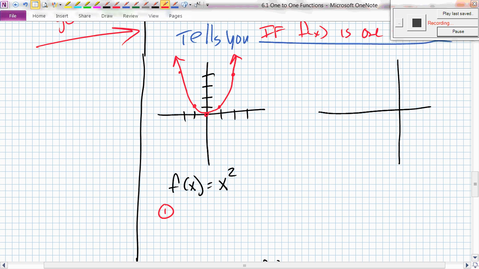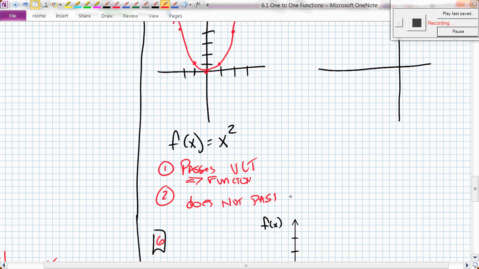Yes, it passes the vertical line test. So number 2, does it pass a horizontal line test? So that implies a function, but it does not pass the horizontal line test, so it's not 1 to 1. All right, you guys got that part?